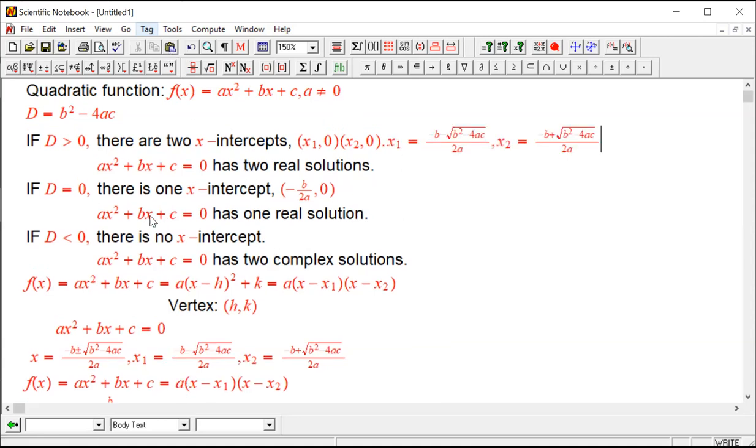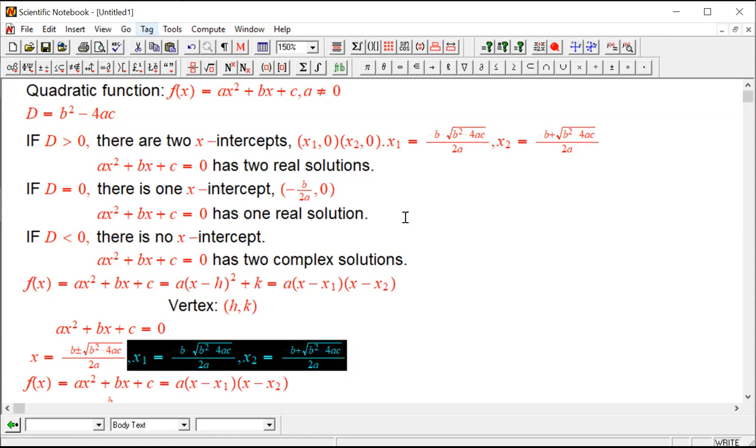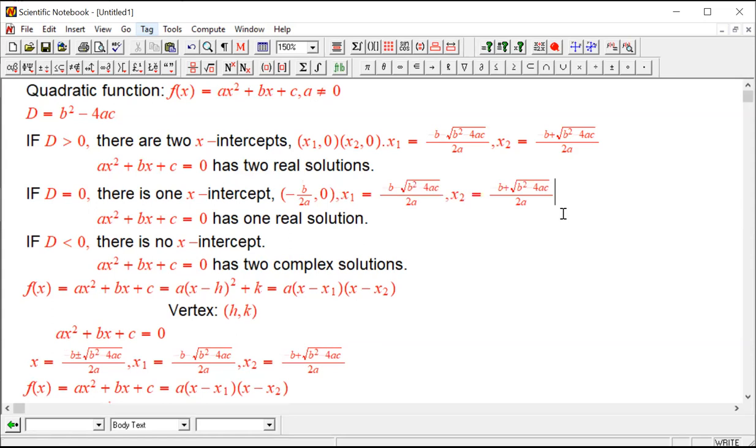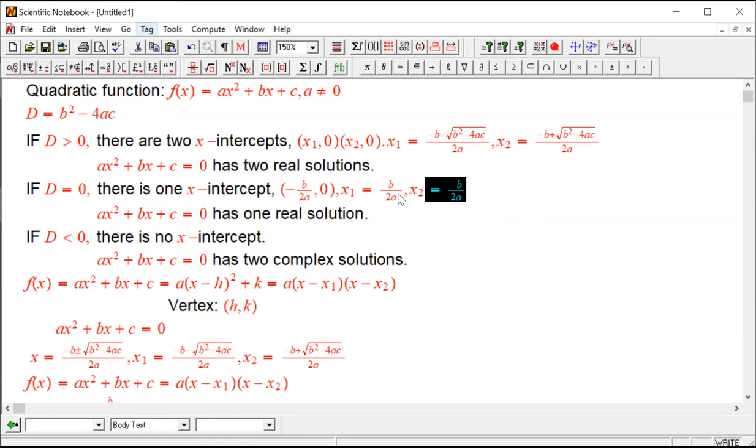And if the discriminant is 0, there's one x-intercept, and that solution would be the same, but because this piece is 0 and that piece is 0, these two solutions are the same. That's how this number, negative b over 2a, gets to be there.